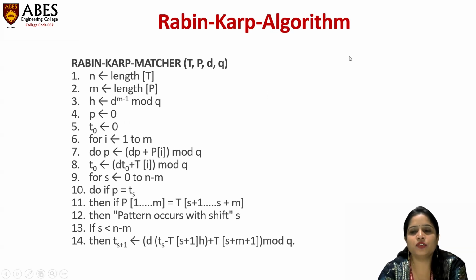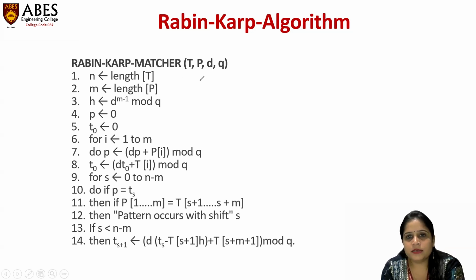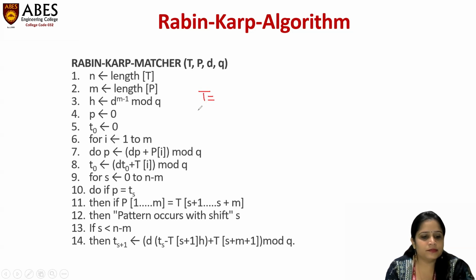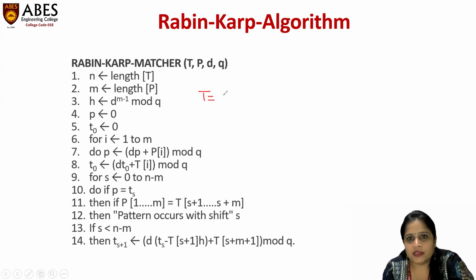To understand the approach, we continue our previous example. According to that example, first we note down the given text array T, which is 314159.